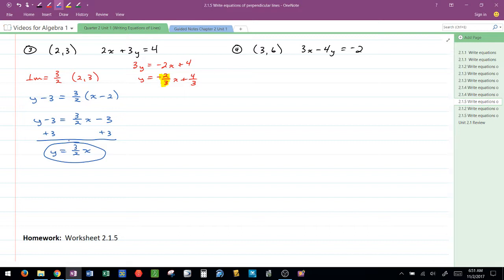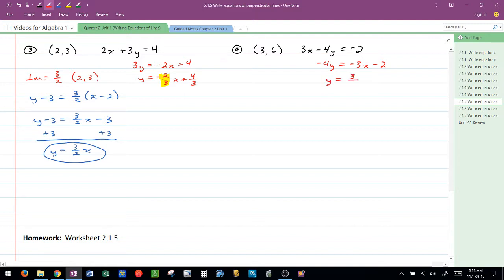One more equation. I cannot write the equation of the line until I turn this into a form where I can identify the slope. So I have to solve for y to get it in slope-intercept form. Negative 4y equals negative 3x minus 2. I subtracted 3x to move it across. Divide everything by negative 4.